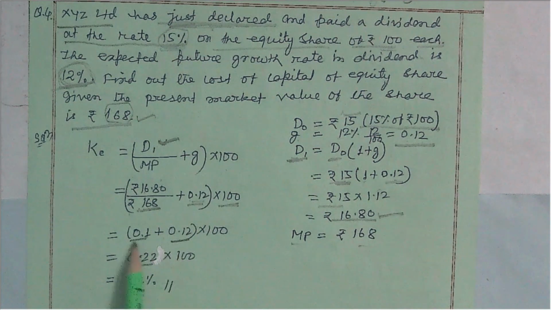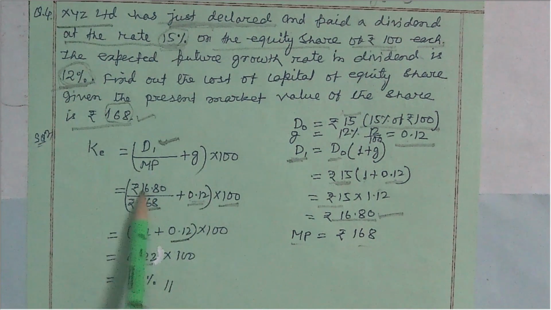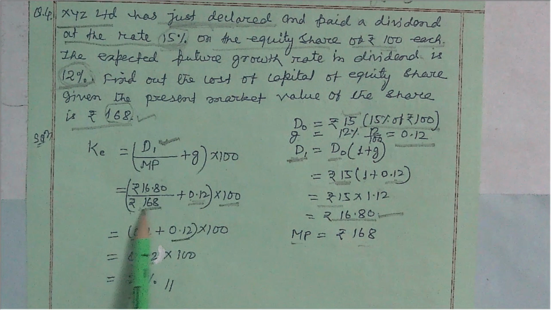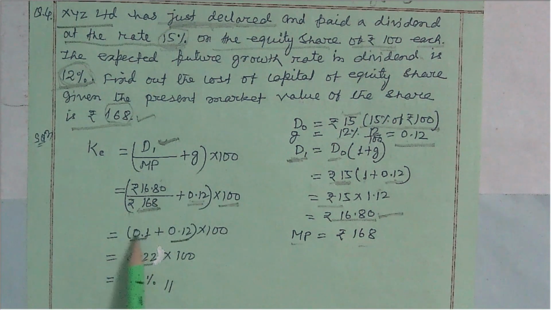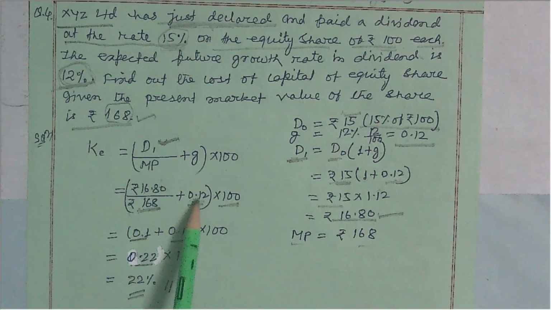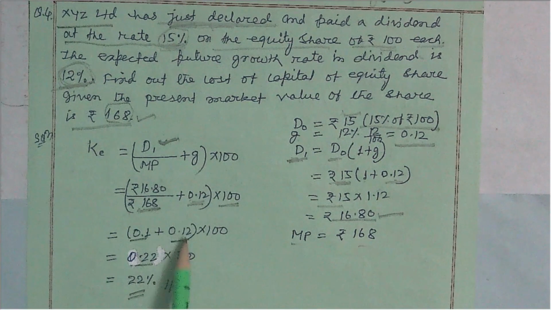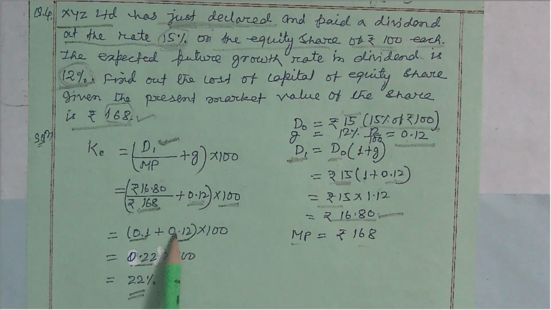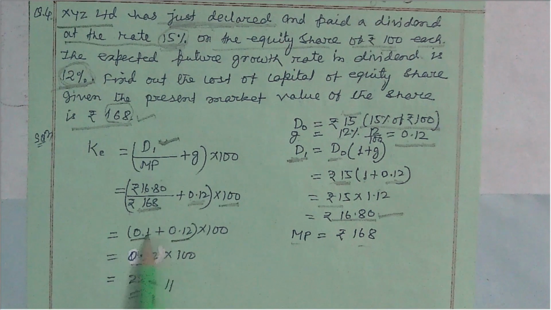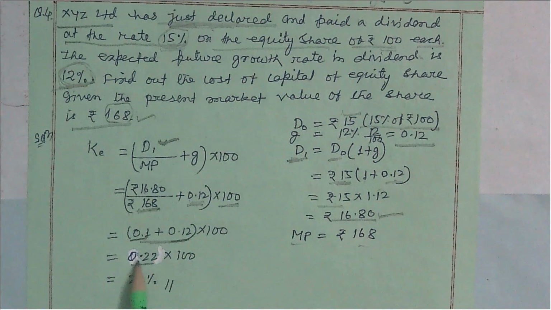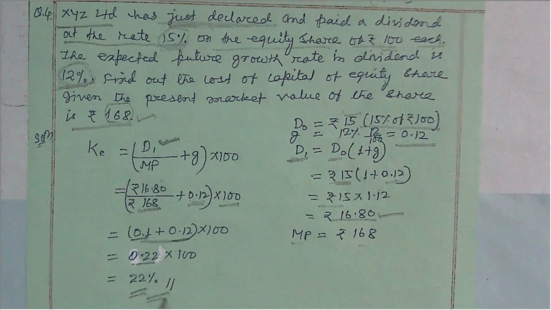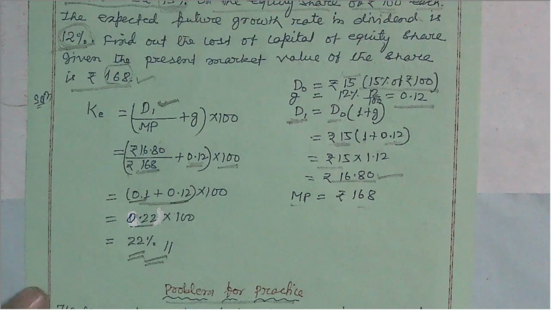Put the values here: 16.80 divided by 168, so you will get 0.1, plus the growth factor G, 0.12. When you add these two figures, you will get 0.22, multiplied by 100, so 22% is the cost of equity capital.